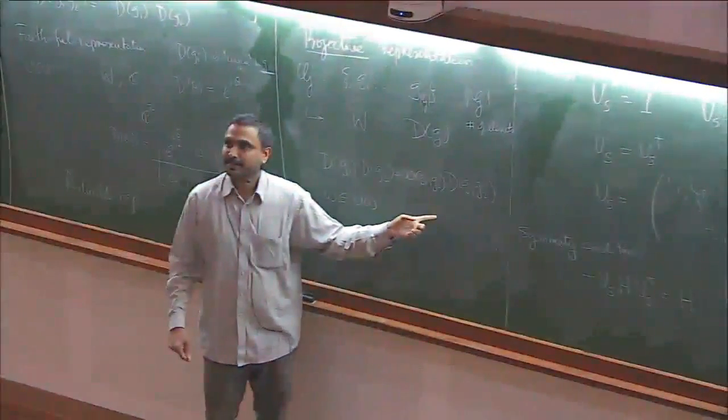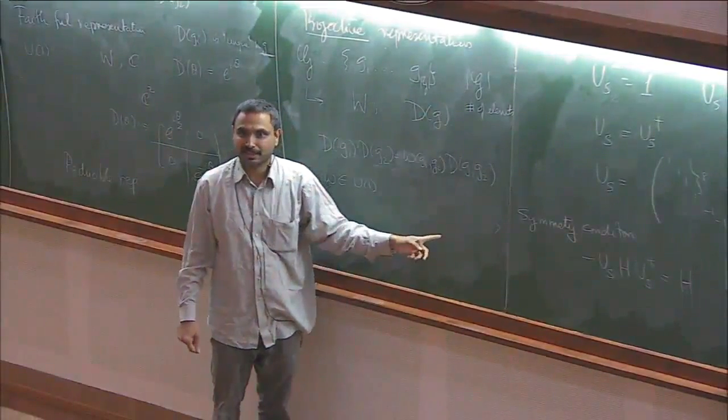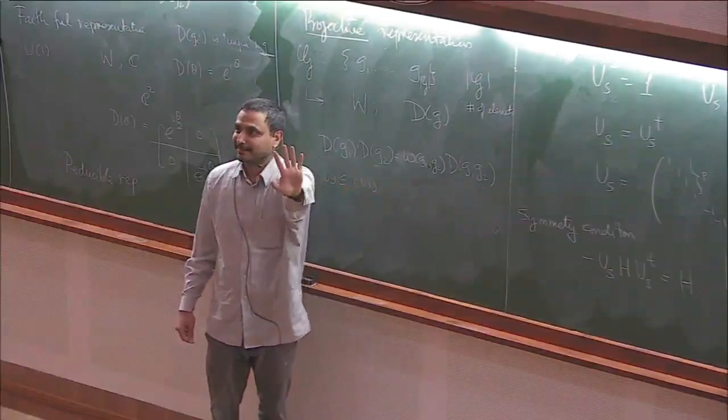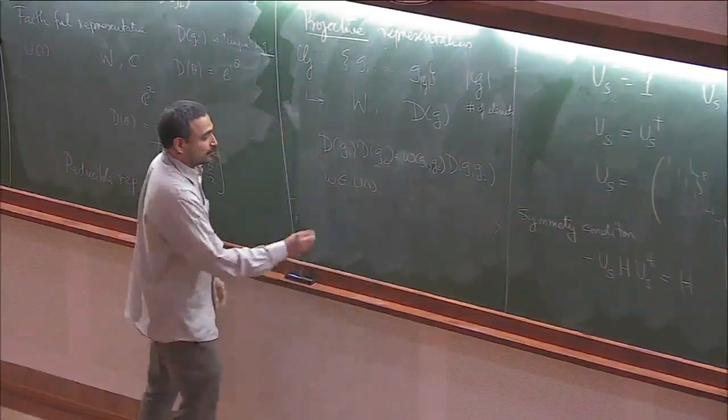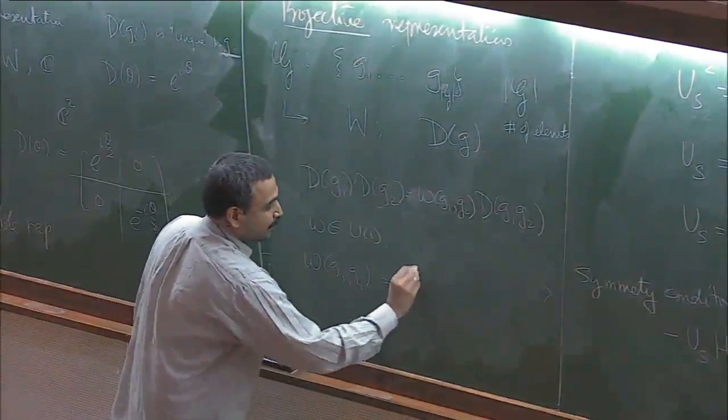Omega depends on G1 and G2. How many G1s and G2s are there? There are mod G G1s. How many G2s are there? Mod G. We are not making any assumption about the group being abelian, nothing. So these omegas of G1, G2, there are mod G square of them.